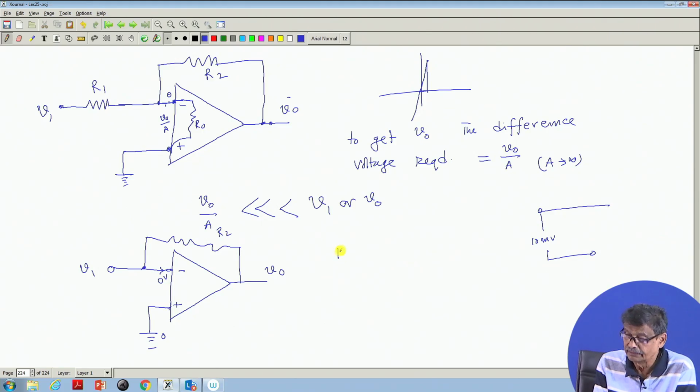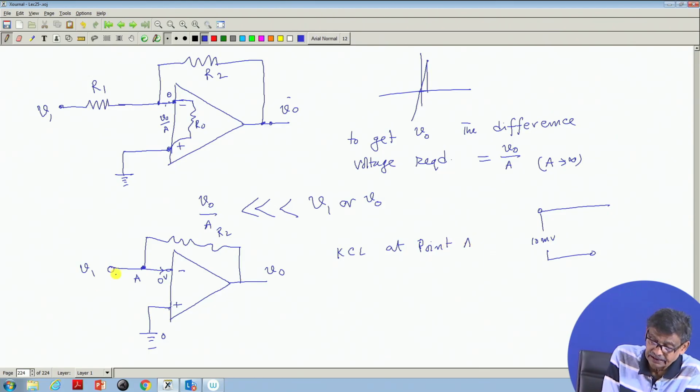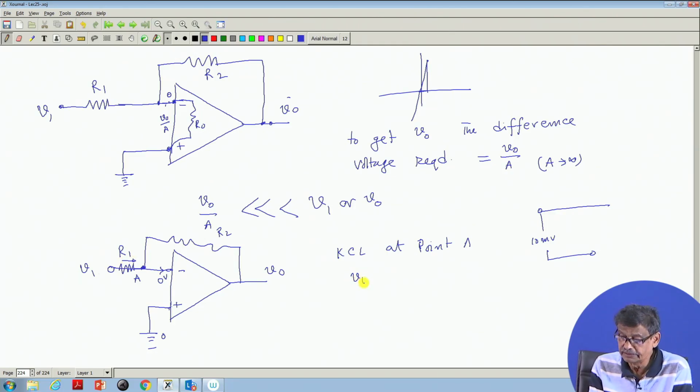So, write KCL at this point, say point A. What will be the KCL? And also connect a resistance here, R1. Oh, this I forgot to write, V1. Therefore, what will be the current in this path? This current will be V1 by R1. Why V1?